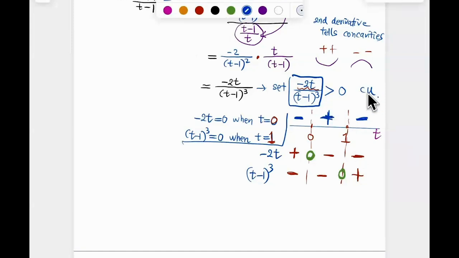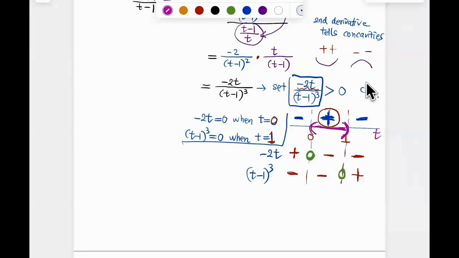So it will be this one. This is the one that we're looking for, when the quotient is positive. And corresponding to this, t is going to be from where to where? 0 to 1. Yeah. So when t is greater than 0 and less than 1, this quotient will be positive and the curve will be concave up.